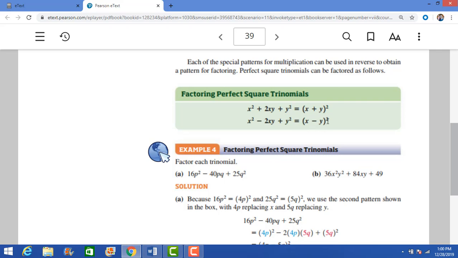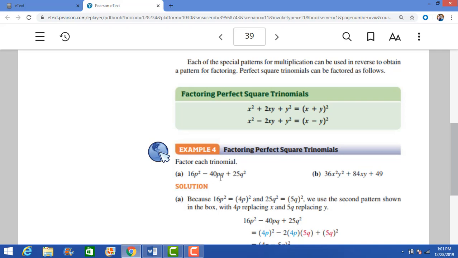Similarly, x minus y squared will always give us something like this, same as this, except this is a minus sign. Okay? So notice that this is a perfect square, and this is a perfect square. This is 4p, and this is 5q. Now, if we multiply those two together, 4p and 5q, we get 20pq.